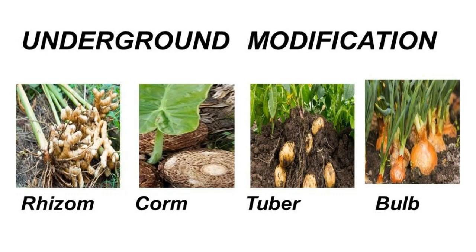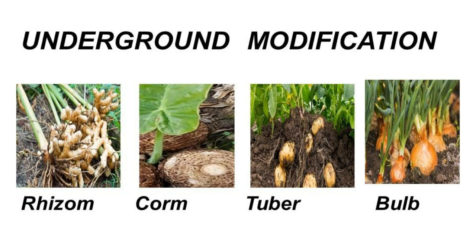The next one is underground modification. In aerial and subaerial modification, the stem has indefinite growth. In underground modified stem, the whole stem is buried under the ground and it has definite growth. Usually, stem grows above the ground, but there are some stems that grow under the ground to store food.